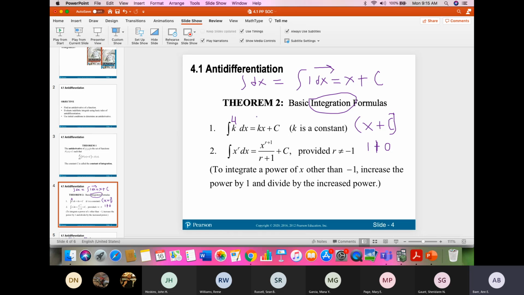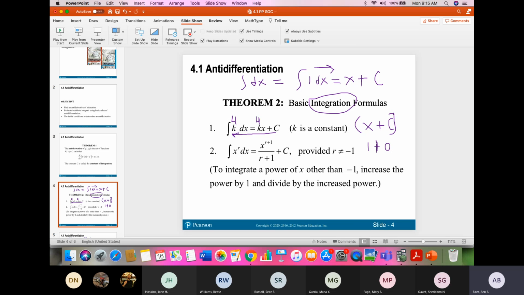So if we had 4x over here, would that be the answer? The answer is yes, because what happens if we take this side and differentiate to see if we actually get this over here? The derivative of 4x is this number multiplier 4 times the derivative of x, which is 1. 4 times 1 is 4, and that's exactly what we have here.